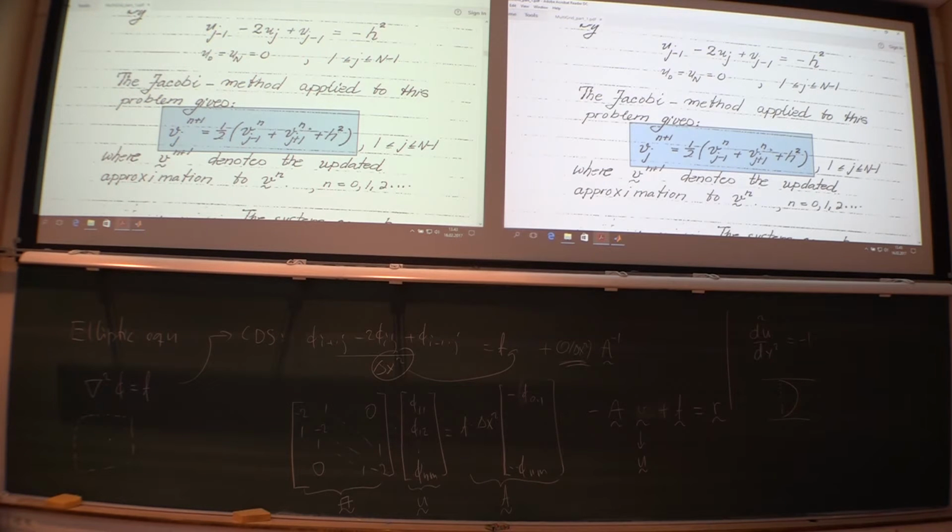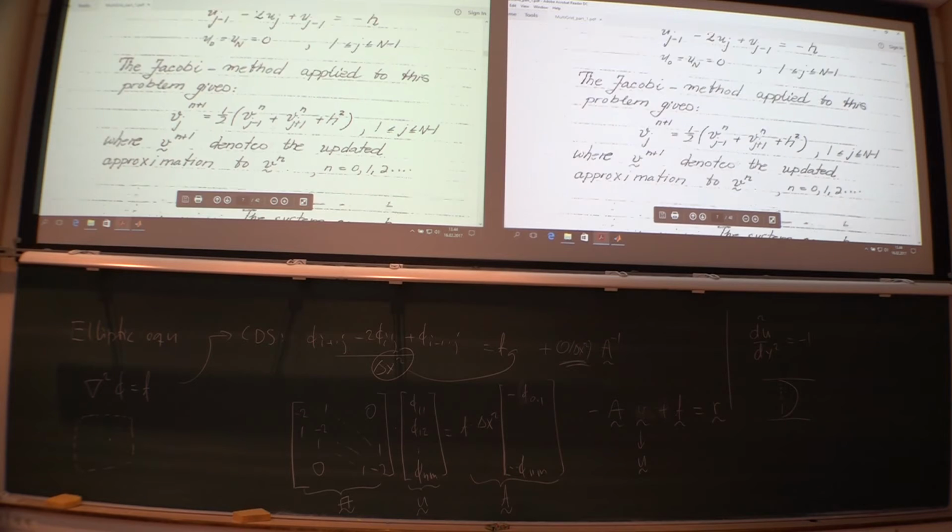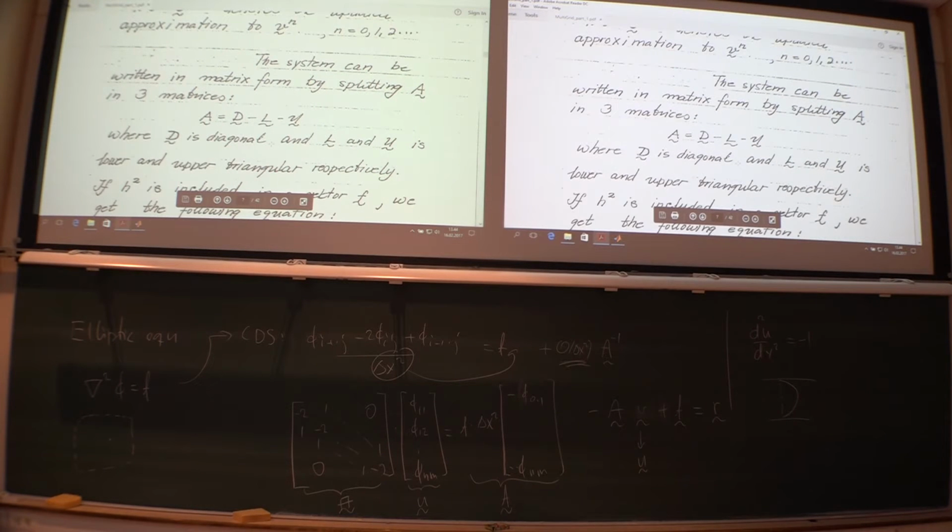So hence n and n for these two guys here. Then you have to use some special temporary storage or something. So that's Jacobi. Jacobi is much simpler to analyze. Gauss-Seidel is a little bit more messy when some of them are freshly updated. But we will have a peek into them here.